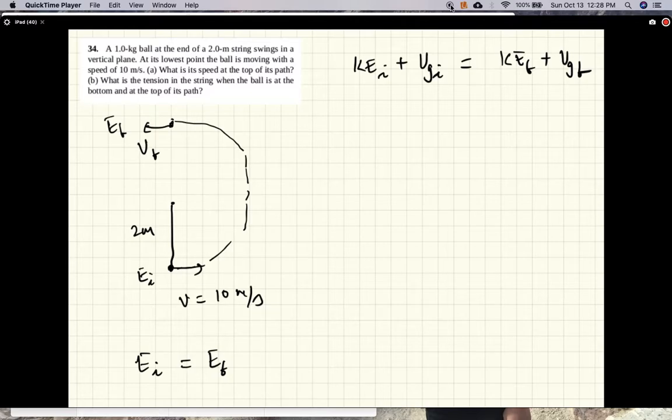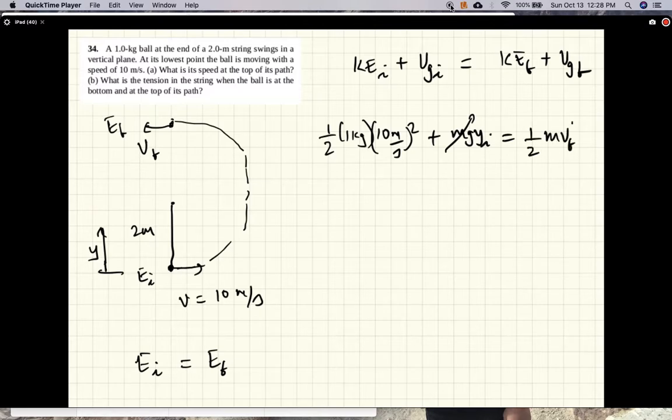Okay, so 1/2 times 1 kg times 10 meters per second squared plus, and for the gravitational potential we'll take this level as the reference, so initial gravitational potential energy is 0 because y initial is 0, and this is equal to final kinetic energy plus final potential energy.